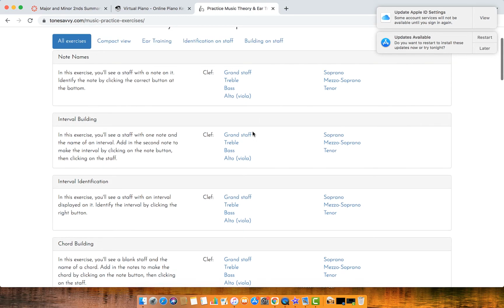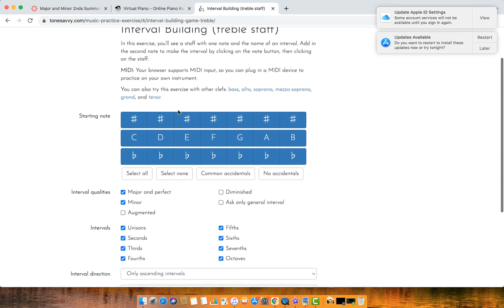So I've got you a couple things, treble and bass. I'm going to take out the wonky stuff, because it gives you some crazy double flats and things like that.